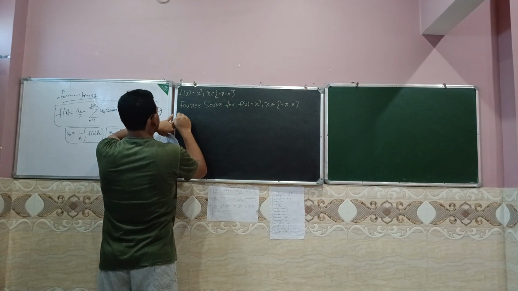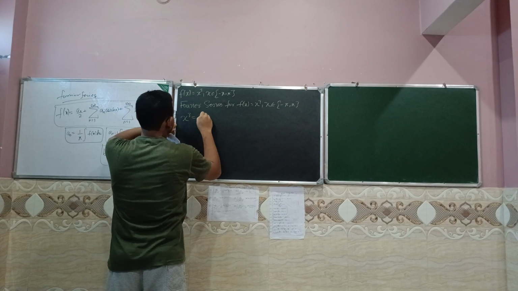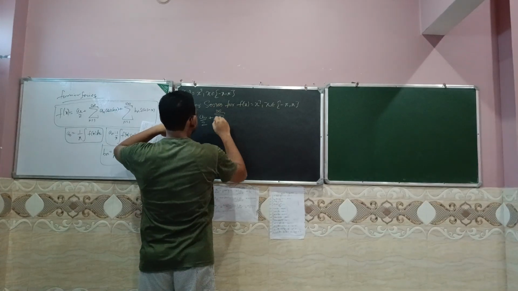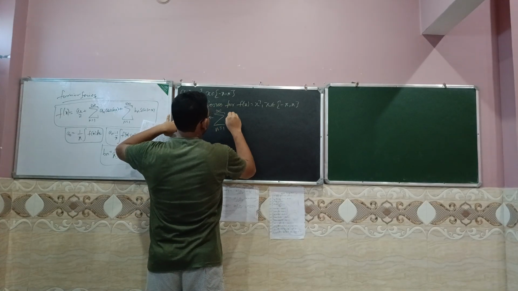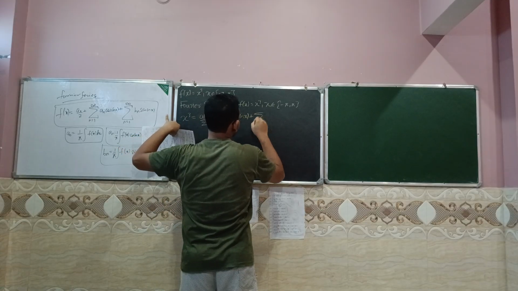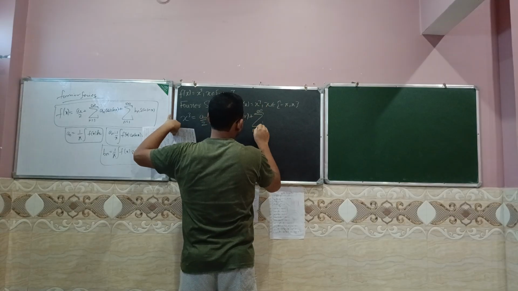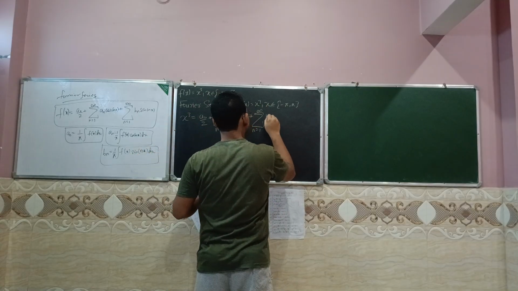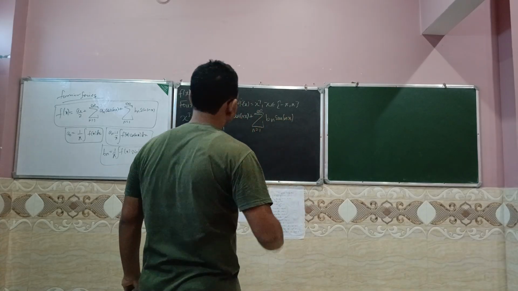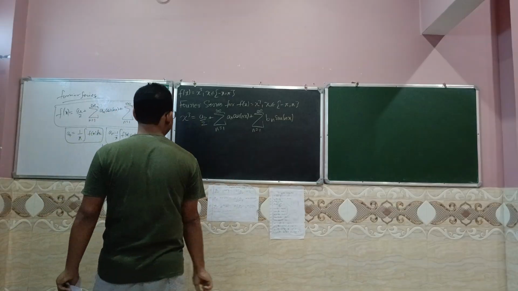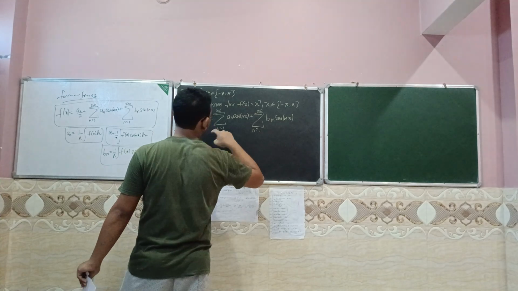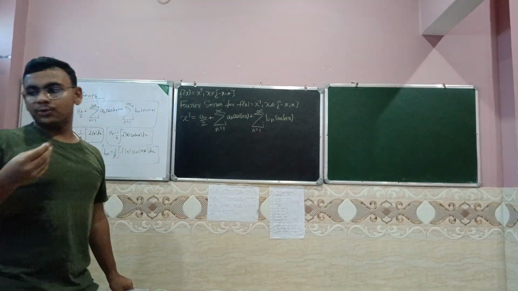So we have x cubed as a naught over 2, plus the series from n equals 1 to infinity of a n cosine of nx, plus the series from n equals 1 to infinity of b n sine of nx, right? This is the Fourier representation of x cubed. Now we are going to simply evaluate a naught, a n, and b n, and then we can proceed.